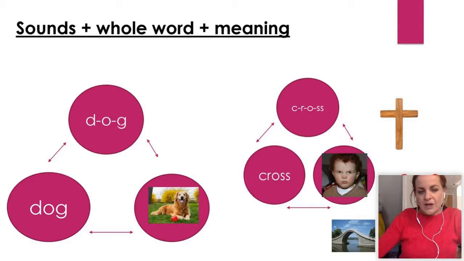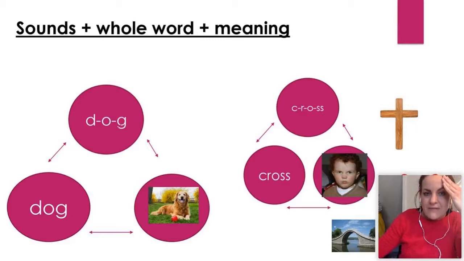Okay? It can only go into that orthographic store, into the long-term memory after multiple repetitions. So after just one time of building it, dog, that's not going to do it. And that's why we have to do it again and again and again. Multiple repetitions make it a chunk, and then they'll start to make that connection, and then it gets stored.